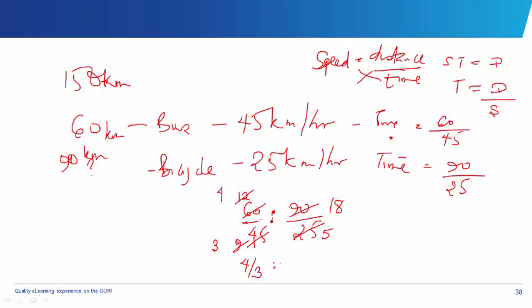So 4 over 3 is to 18 over 5, which can also be expressed as 1 whole number 1 over 3 is to 3 whole number 3 over 5 hours.